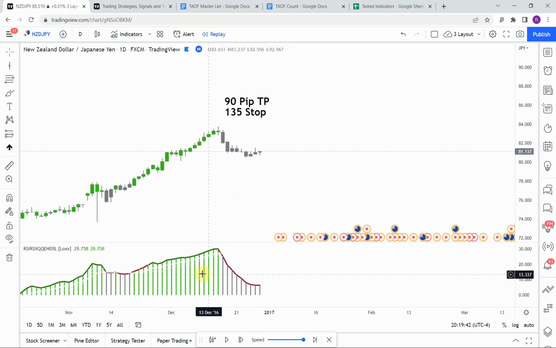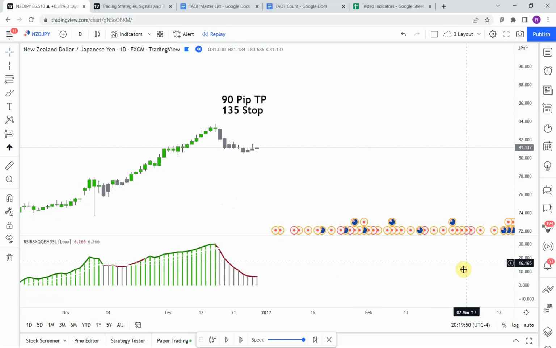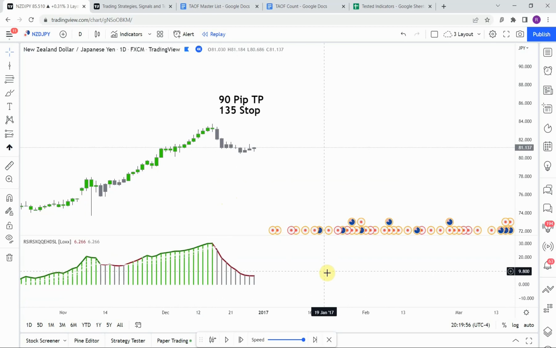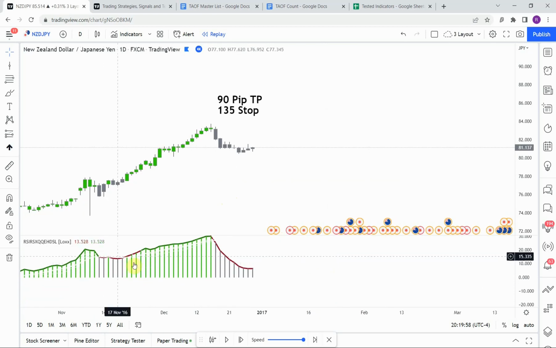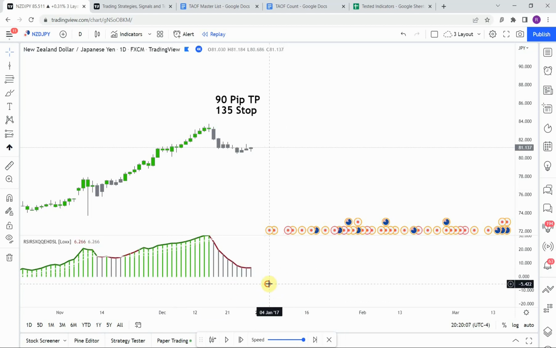As you can see down here on the bottom of the screen, we basically have a histogram, and it's kind of hard to see, but there's actually quite a few different white lines that are moving along with this histogram, creating this flow from the green into reds, and it's also a zero line cross, so it is pivoting around that zero line.